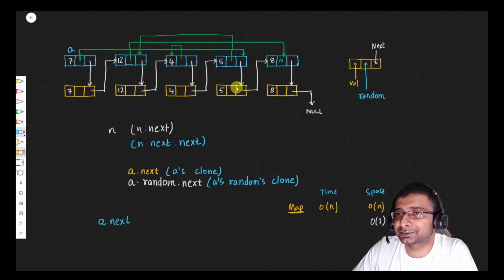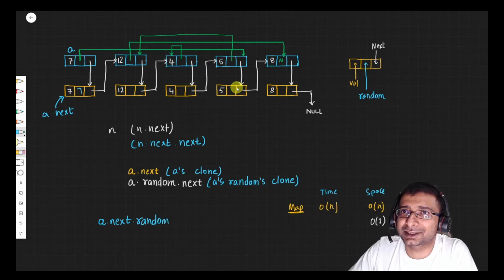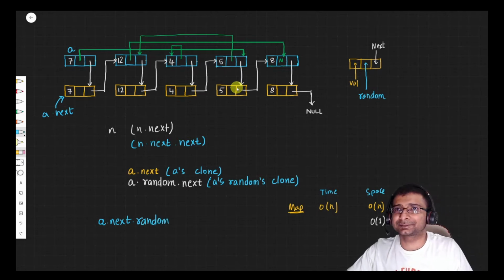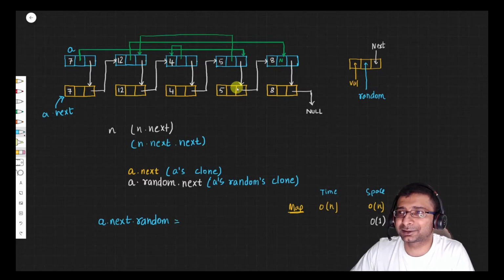So what I can say from here is that A's next, what does A next denote? A dot next denotes this node dot random. What does this denote? This denotes this cell over here. It is nothing but A dot random dot next.